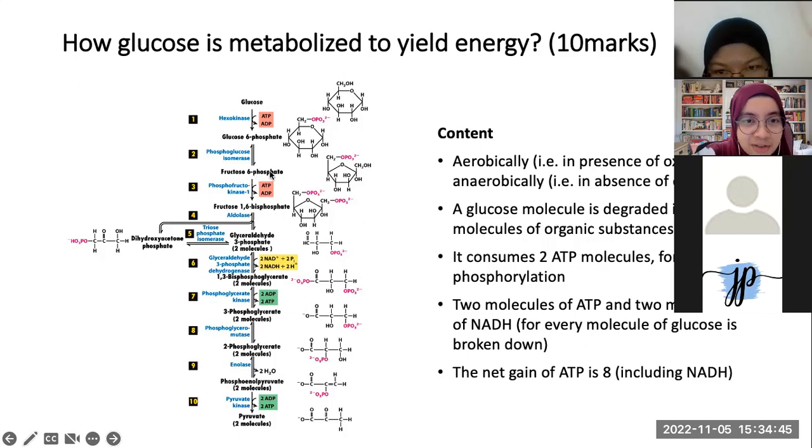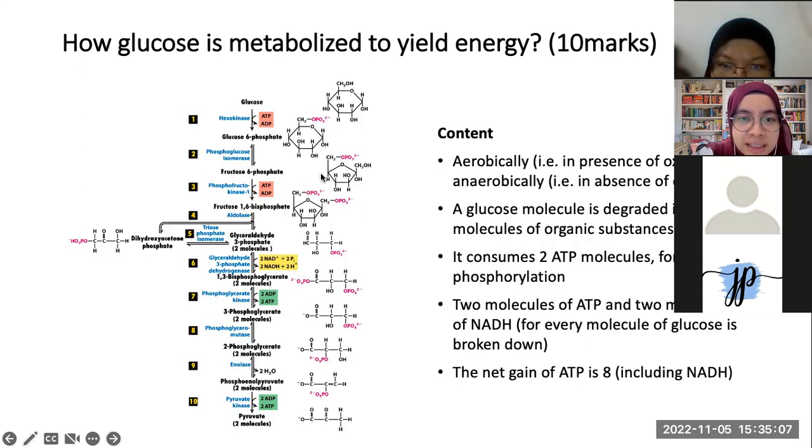Fructose 6-phosphate is converted into fructose 1,6-bisphosphate. Earlier, the phosphate group is only on carbon 6. But now after the reaction, we have 2 phosphate groups at carbon number 1 and carbon number 6.